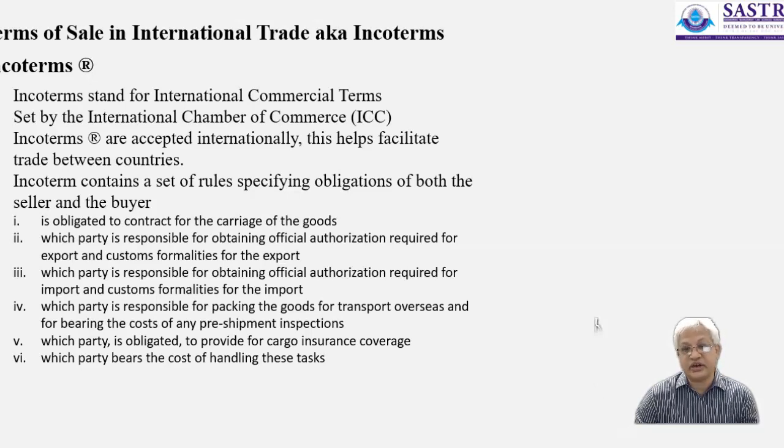It is a registered trademark, Incoterms, and it is accepted internationally between buyers and suppliers and the customs across the world, all the different terms. In international logistics, we need to understand these terms and what is the meaning of all the different abbreviations.